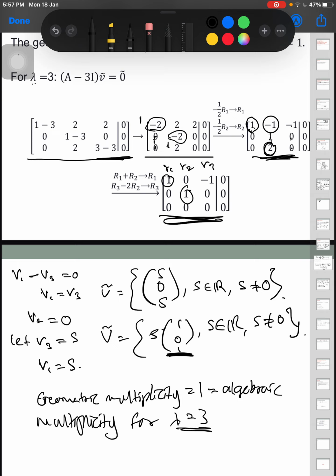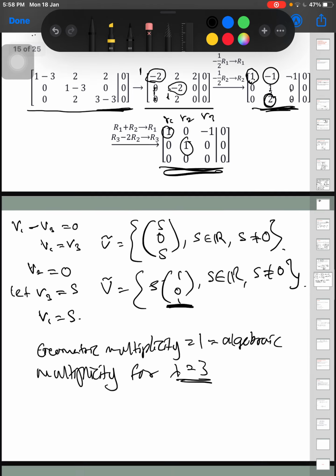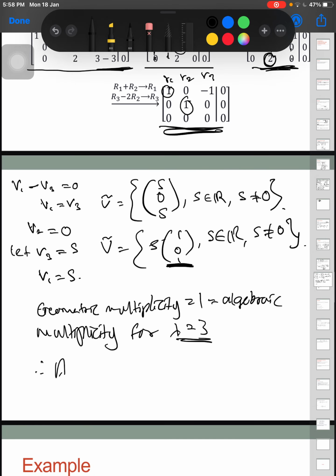So for lambda equal to 3, its geometric multiplicity is equal to algebraic multiplicity, which is equal to 1. So therefore A is diagonalizable.